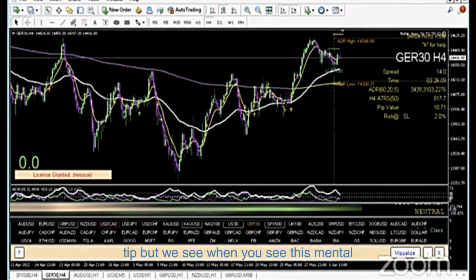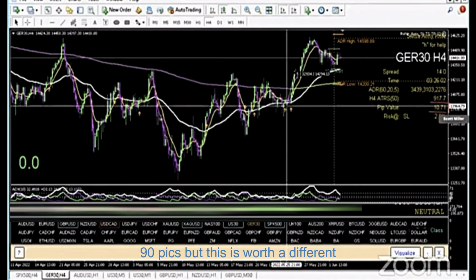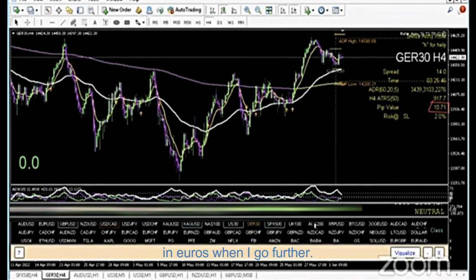So when you see this middle number, it is not worth the same per pip. So this moved 3,290 pips, but this is worth a different amount. Okay? And that number changes. The reason that it's different is because it's not priced in US dollars, it's priced in euros. And that exchange rate is constantly changing.